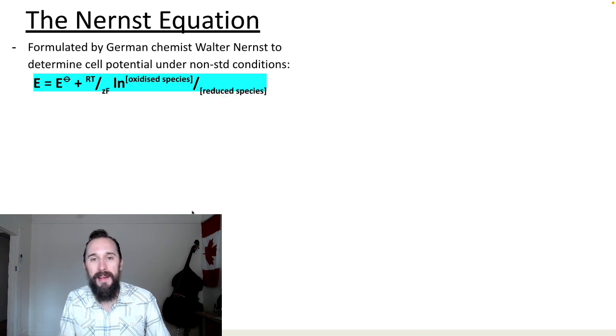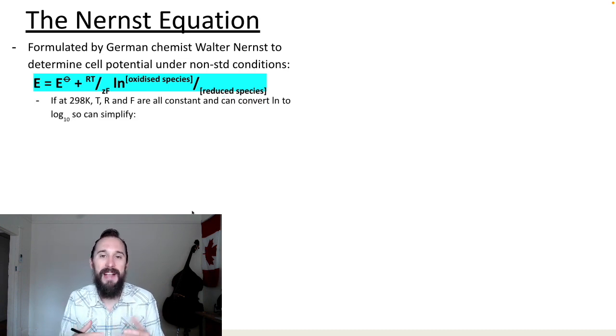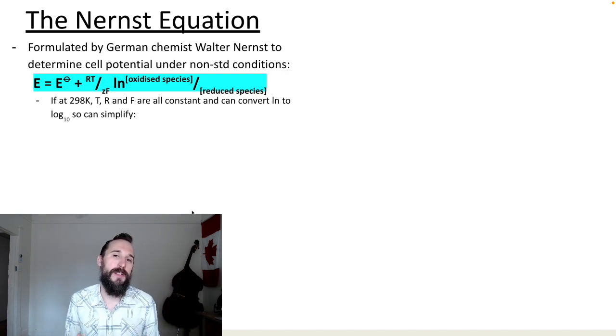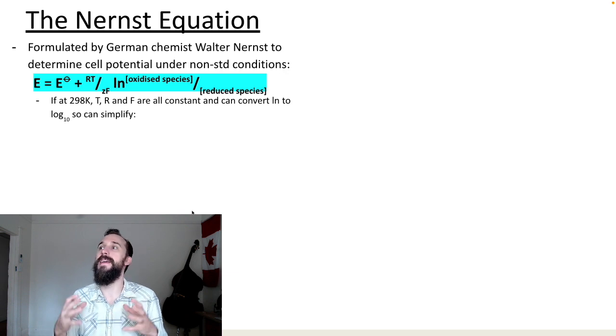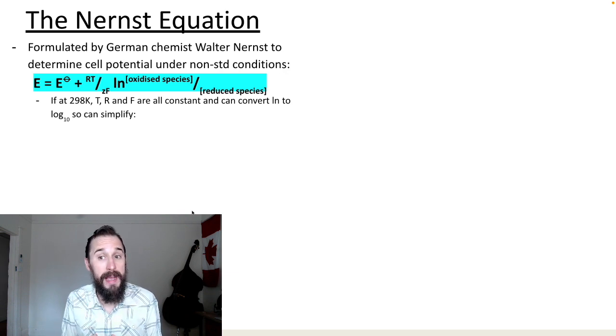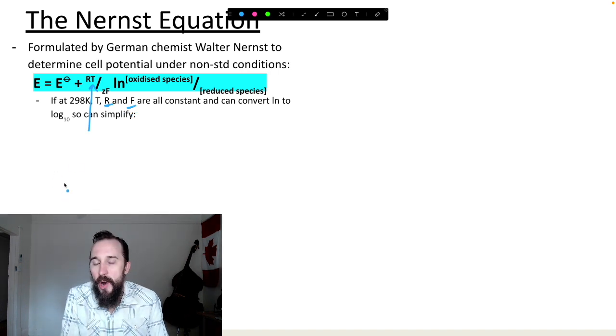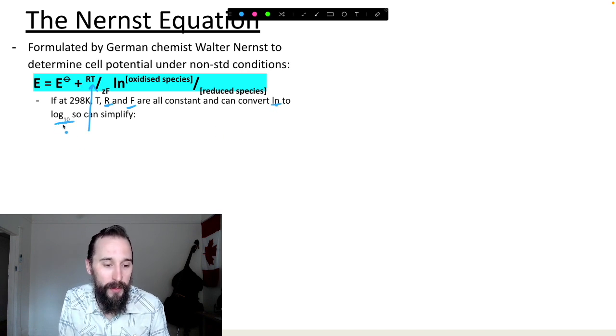All right, let's consider if we had this at 298 Kelvin. So we keep the temperature, we'll keep the pressure constant. Let's say the only thing that we're changing is the concentration. That's the only thing that's affecting our reduction potential. So if we have 298 Kelvin, well, R's already a constant, F's already a constant, and there's some maths that can go on to convert between natural logs and log 10s, which are the ones we're more familiar with.